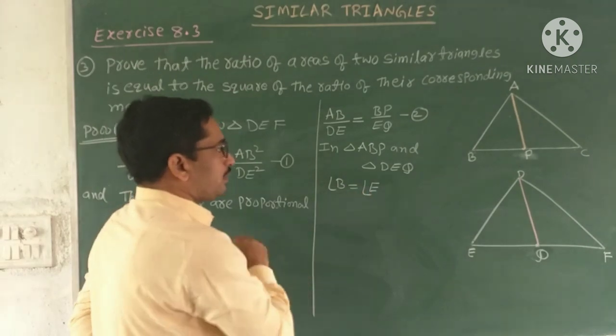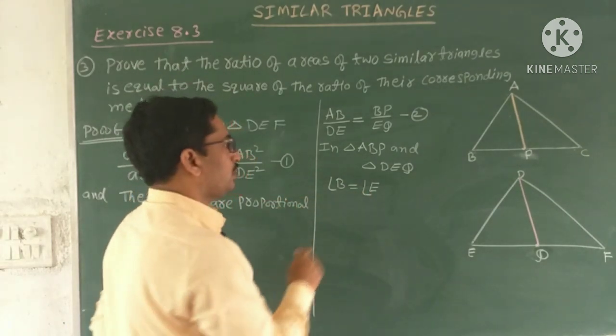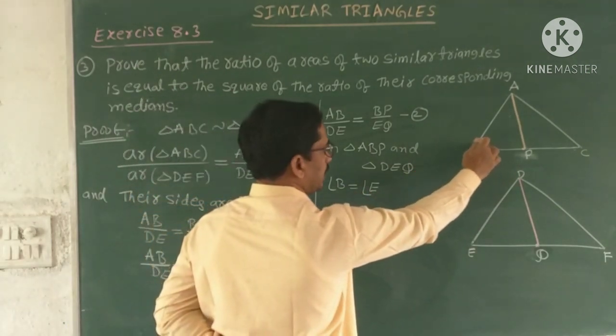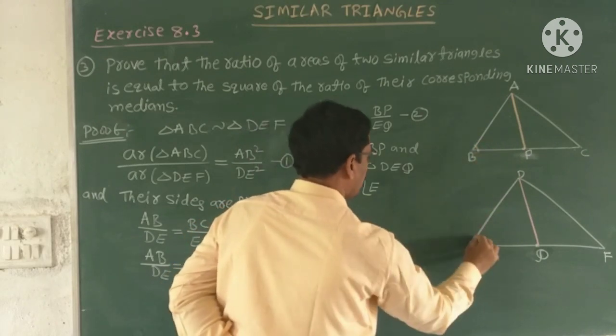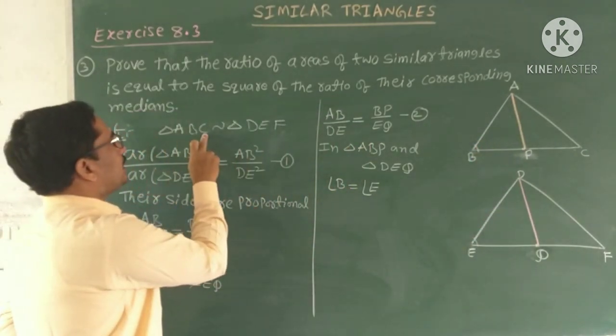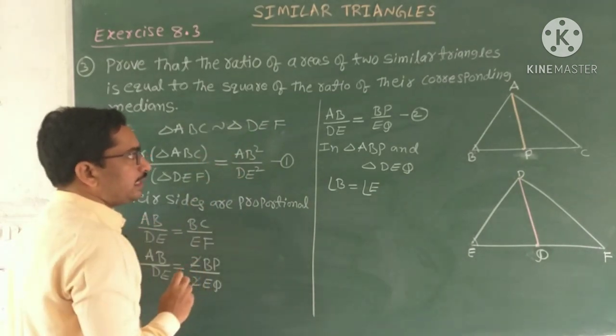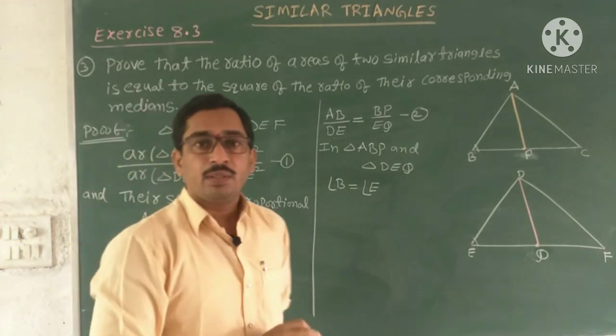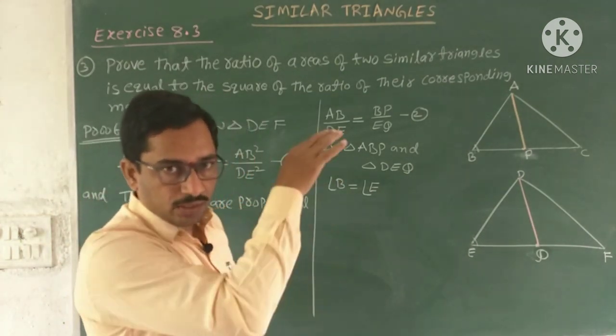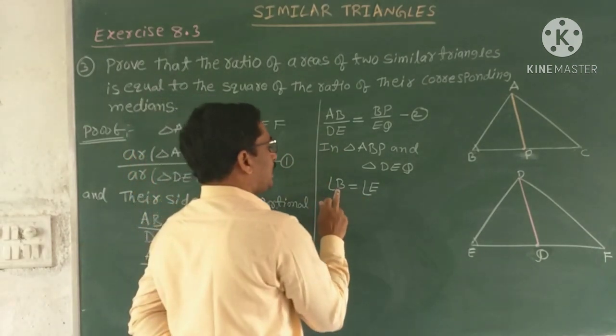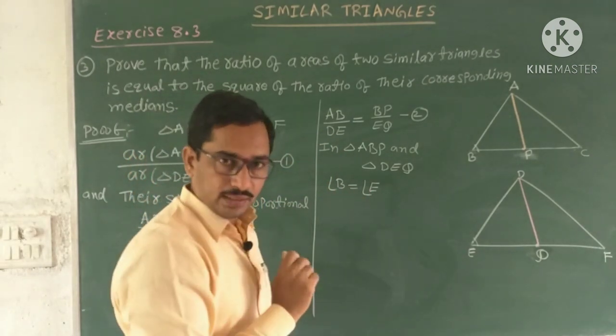Why are these two angles equal? Angle B equal to angle E because triangle ABC is similar to triangle DEF, so their corresponding angles are equal. Among the three angles, I am selecting only one angle, angle B equal to angle E.